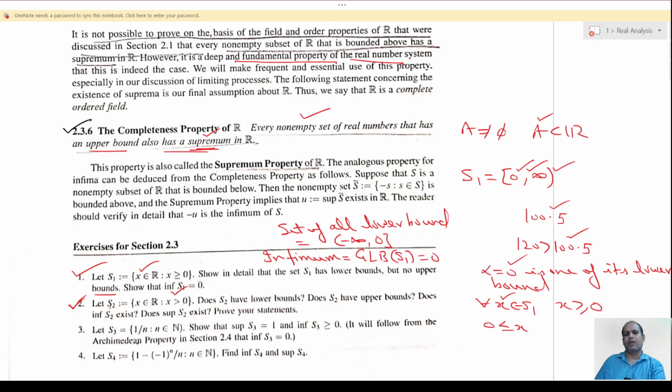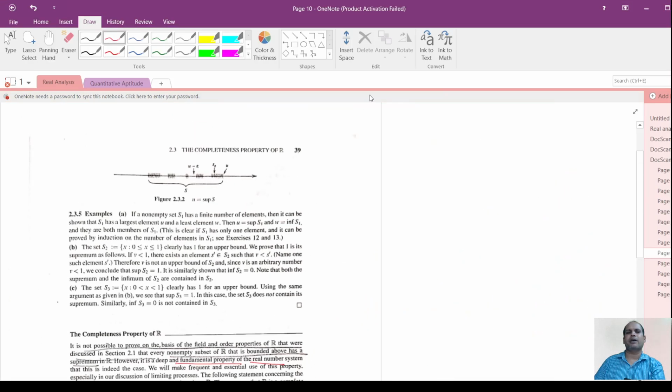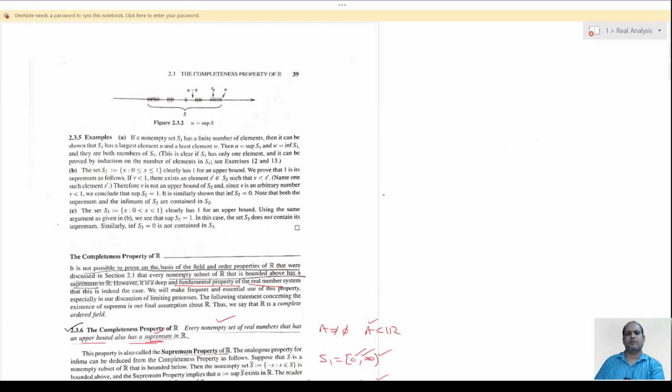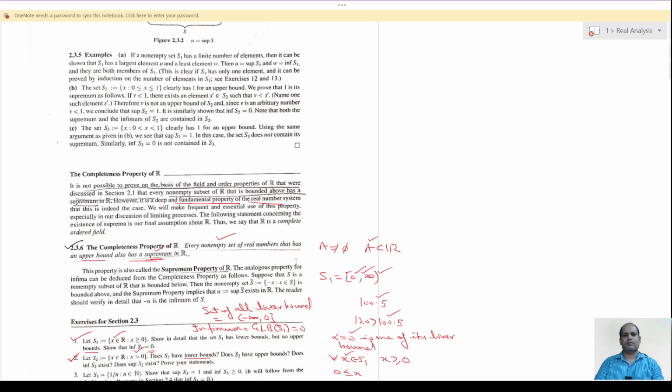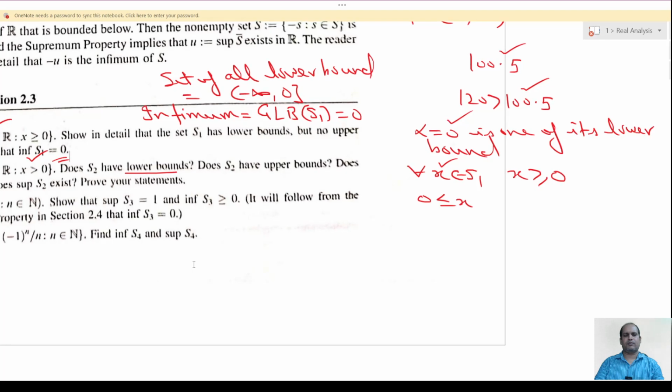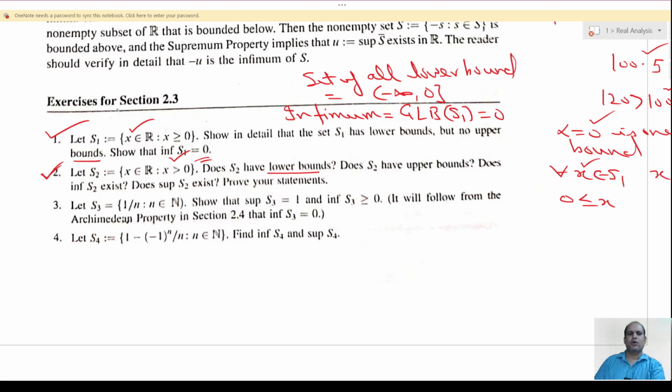Question number 2, S2 is the set such that x is greater than 0. Does S2 have lower bounds? Yes, S2 has a lower bound. 0 is one of the lower bounds.